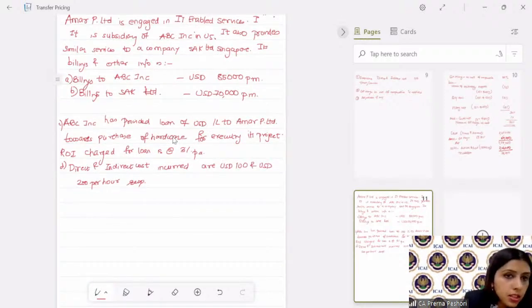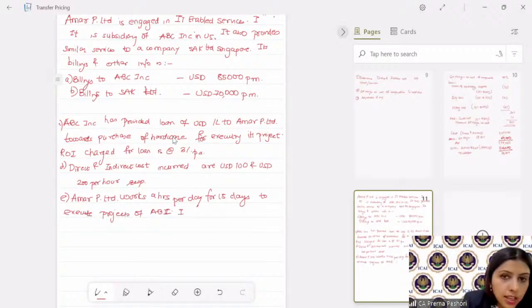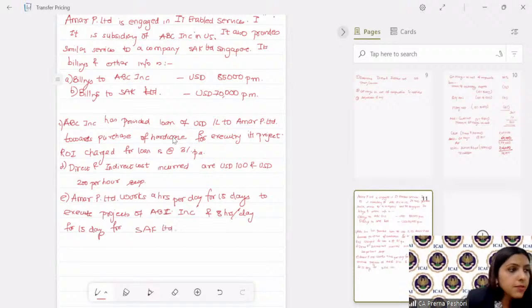Amar Private Limited works 9 hours per day for 15 days to execute projects of ABC Inc. and 8 hours per day for 15 days for SAK Limited.